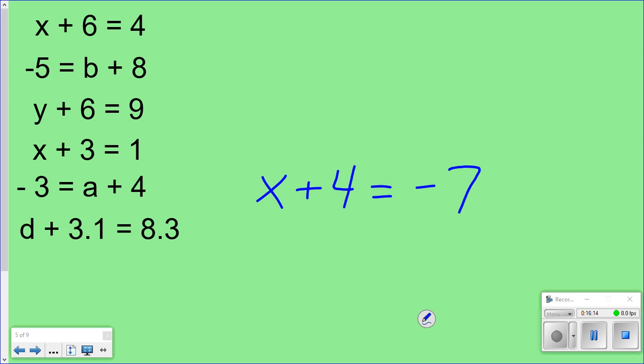It might be easier, because some of you are going to go like this, and like this. It might be easier to write it like this. That's the same thing too, then you can do your keep change change a little bit easier if you write it the other way. That's okay to do that. And figure out what that's equal.